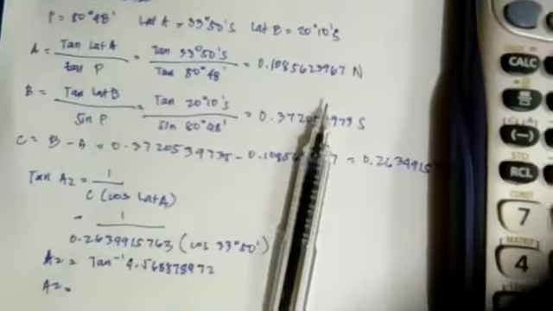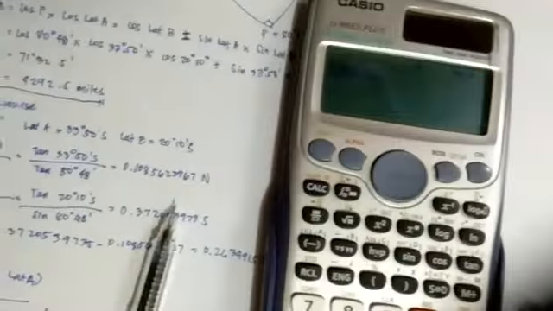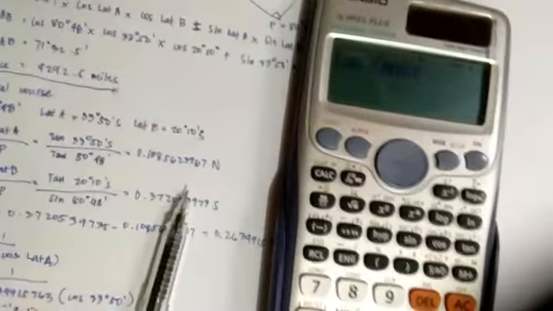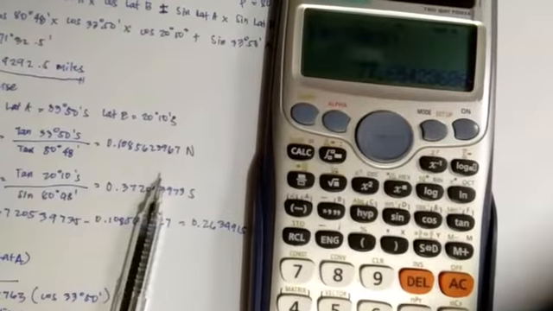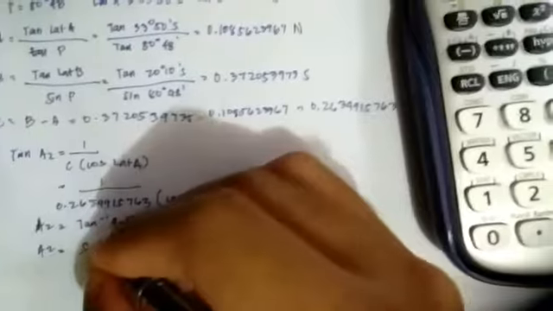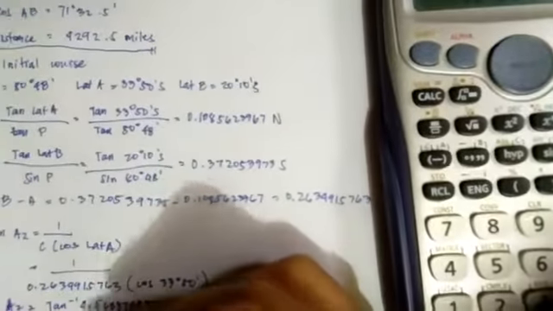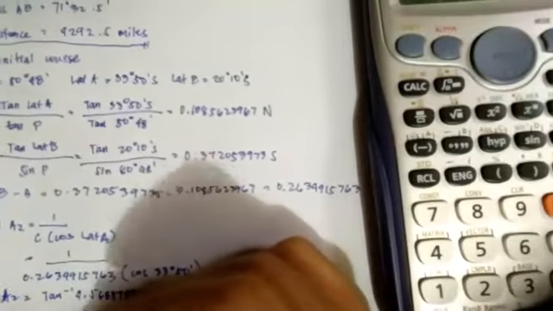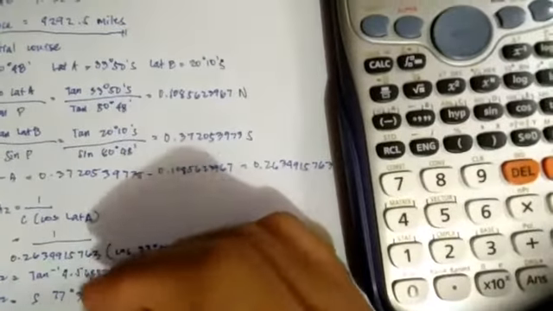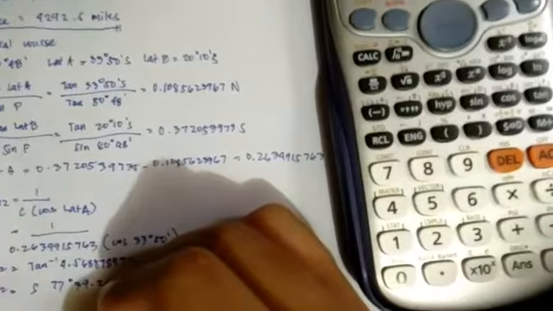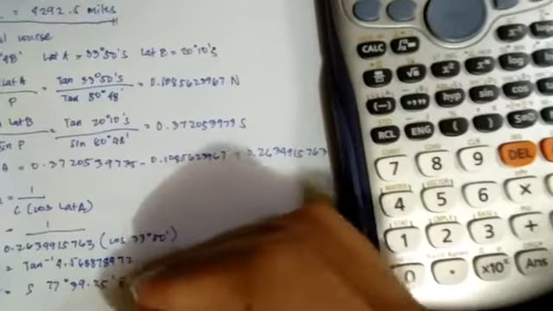So next is to inverse tan of the answer. So we will get the degrees of south 77 degrees 39.25 minutes east.